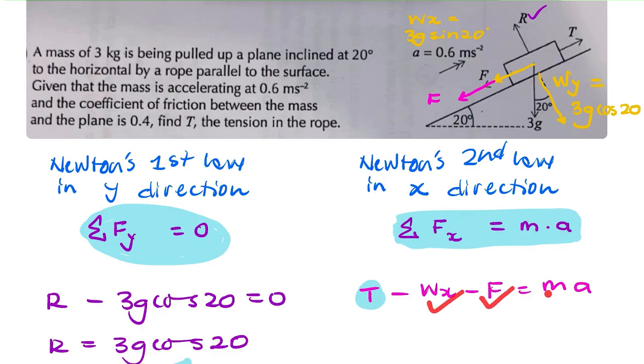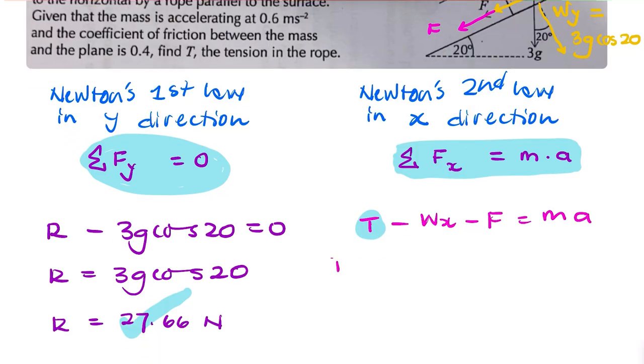What we're trying to find is the tension. So all of these we should already know. So T minus mg, or 3g sine 20, minus, the friction is simply the coefficient of friction multiplied by R. And that's equal to 3 times a, so that's 3 times 0.4.